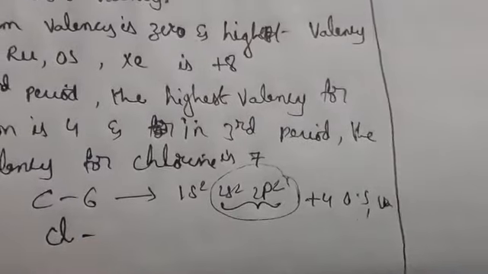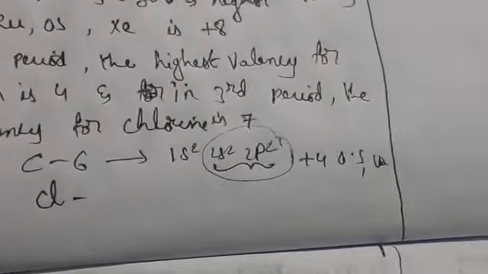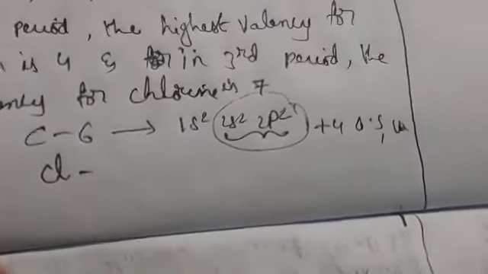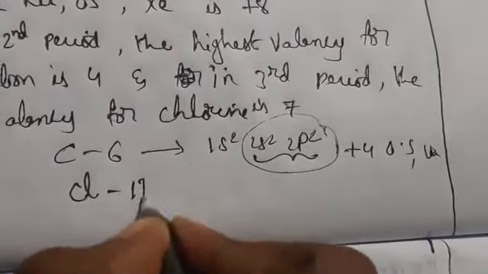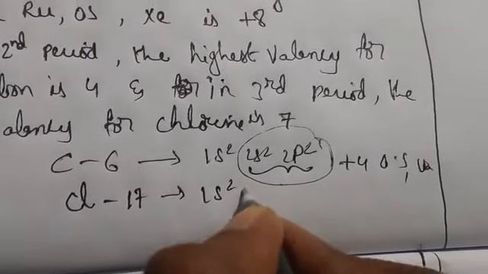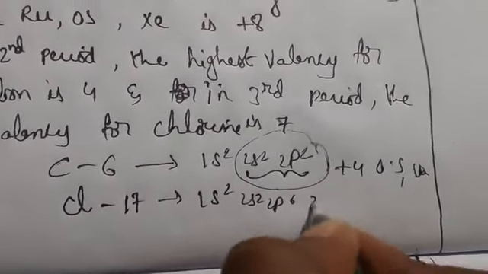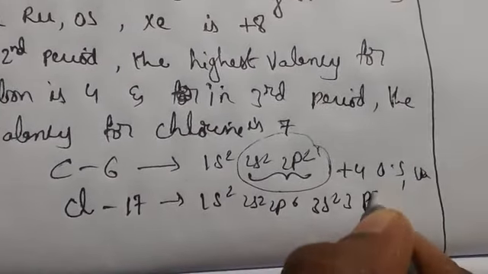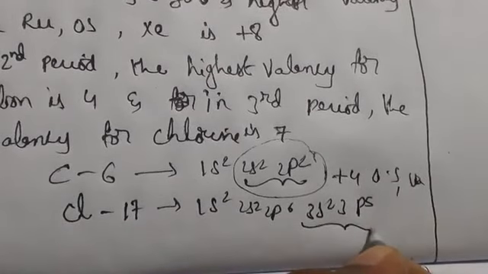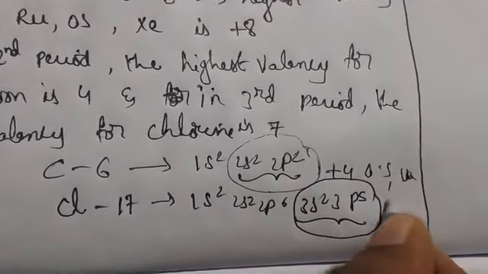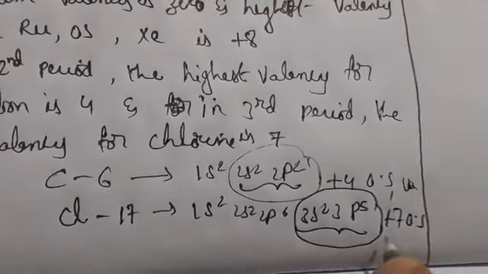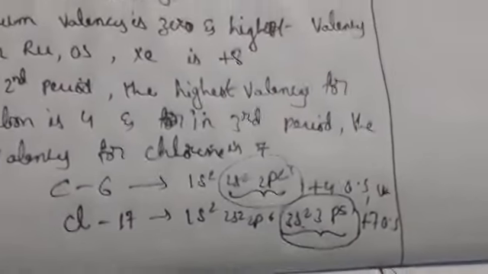Chlorine is 9 plus 8, which is 17, so the atomic number is 17. You get 1s2, 2s2, 2p6, 3s2, 3p5. This has a +7 oxidation state, or the valency is +7.